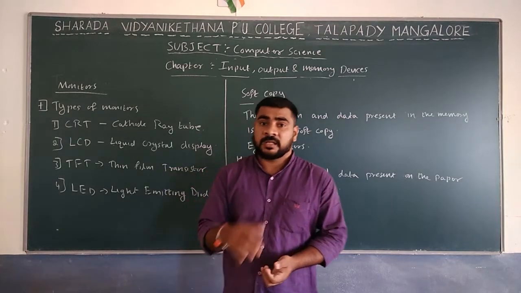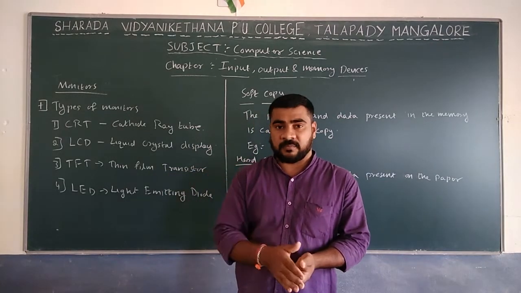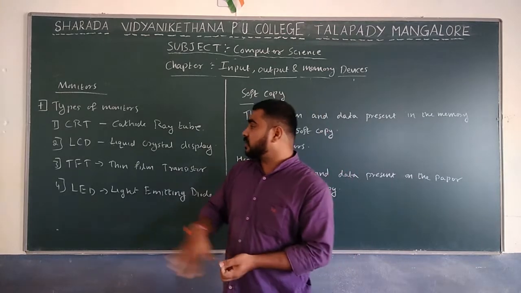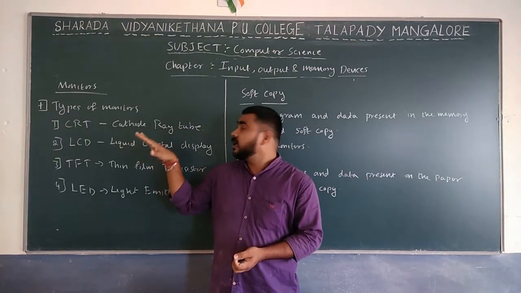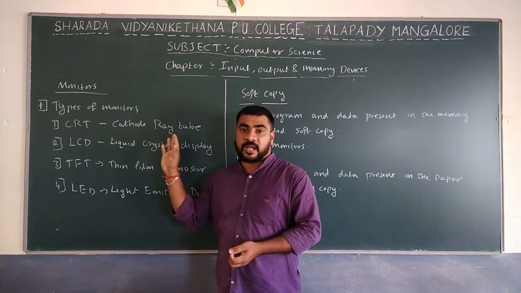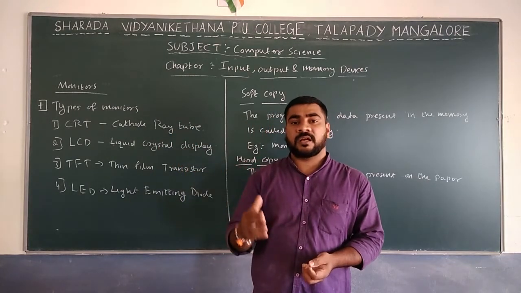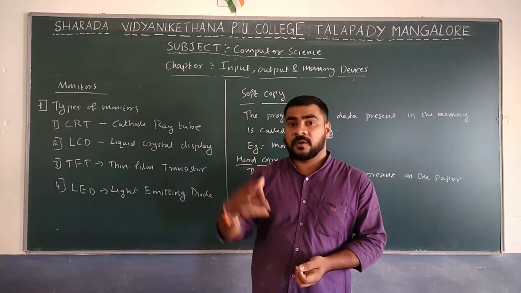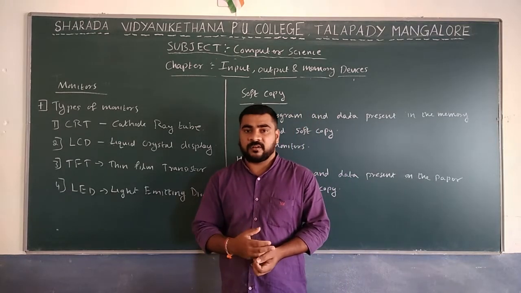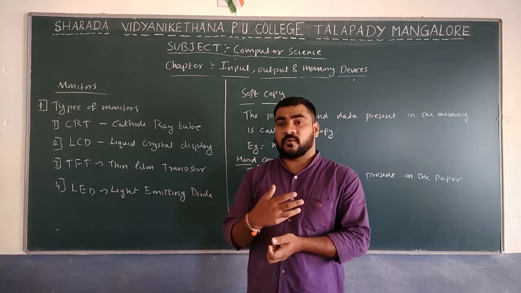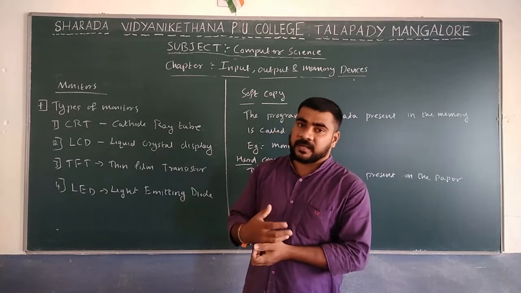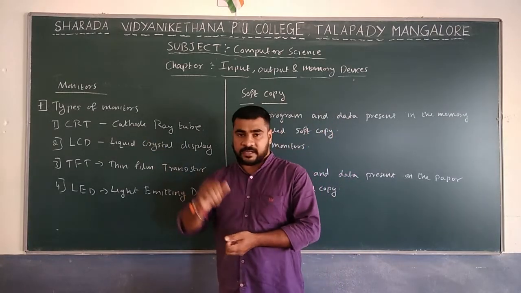In older days that Doom TV was available. That type of monitor is known as CRT, cathode ray tube. Here we are using the picture tube, and based on that, the data will be displayed on the screen. That is the older method of displaying data on the screen.